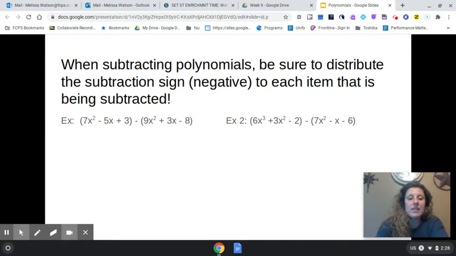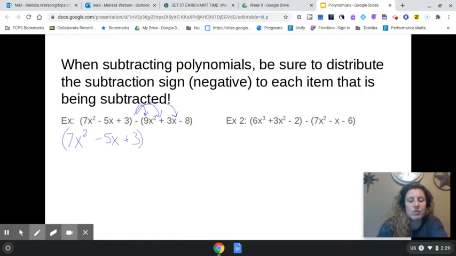So I'm going to take this first example and I'm going to distribute that negative sign to every single term in that second polynomial. What this is going to do is it's going to change every single sign in that second polynomial. So the first polynomial is not changing, so I'm just going to bring that down. 7x squared minus 5x plus 3.